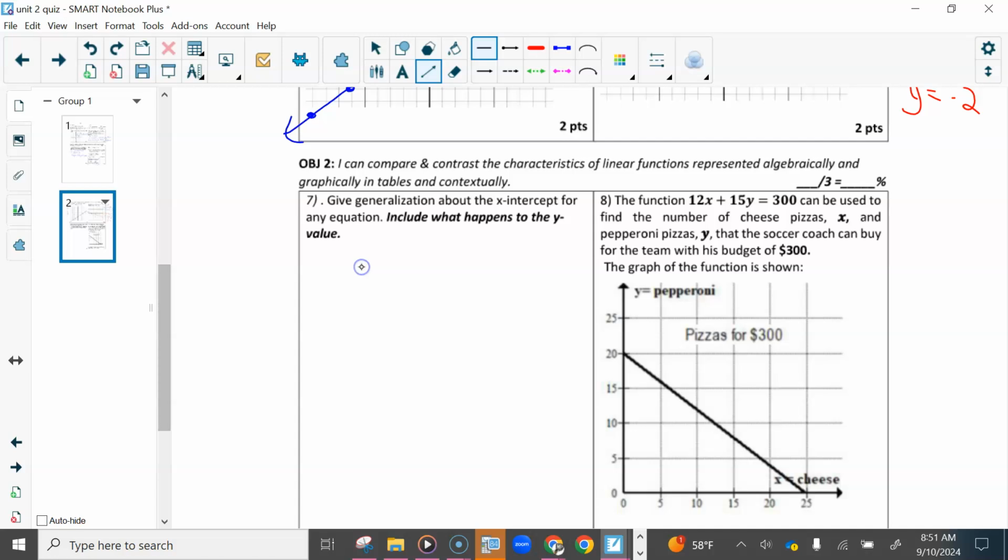So in this one, for the x-intercept, I know for any x-intercept, the y value is what? 0. So my generalization, I could say for any x-intercept, the y value is 0. That's all it's really asking. It just wants you to put that in words.